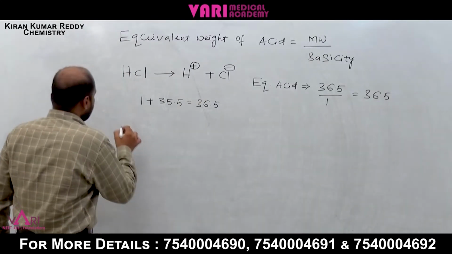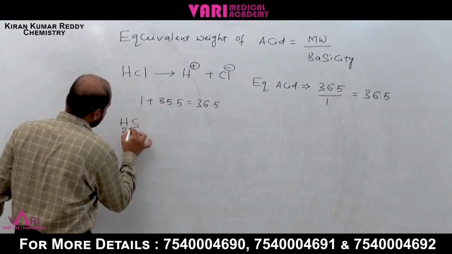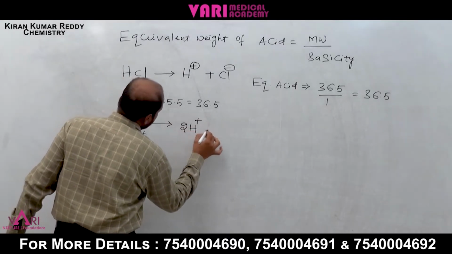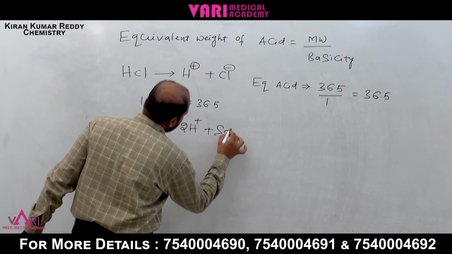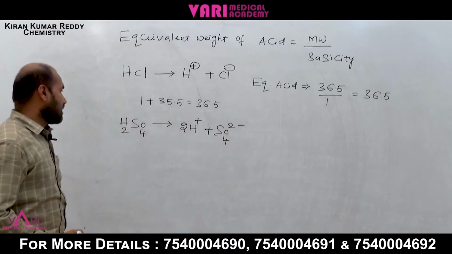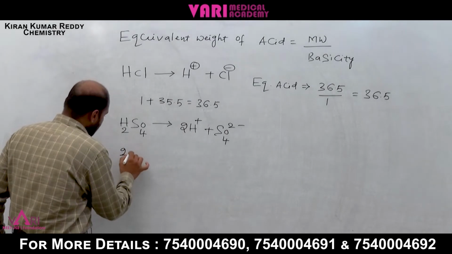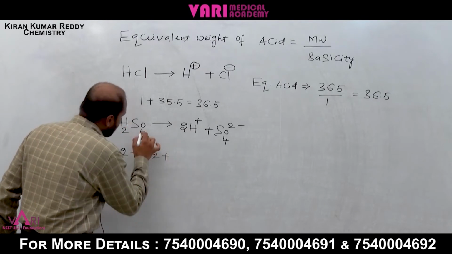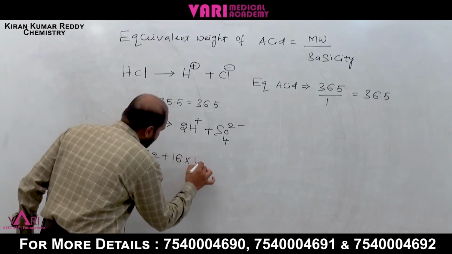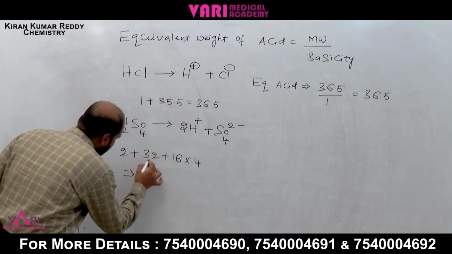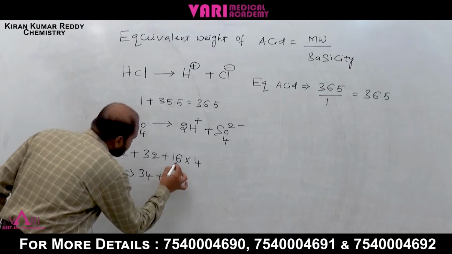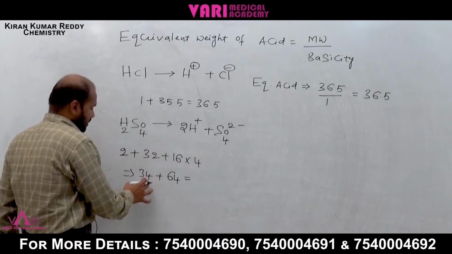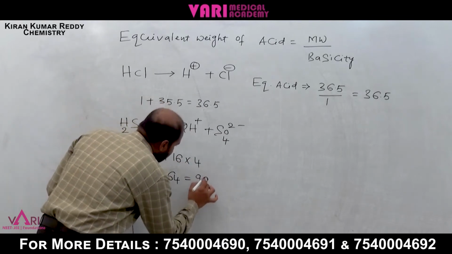36.5. If you take H2SO4, write 2H plus, SO4 2 minus. How many hydrogens? 2, so 2 into 1 is 2, sulfur 32 plus oxygen 16 into 4, that is 64. Now 2 plus 32 plus 64 is equal to 98.